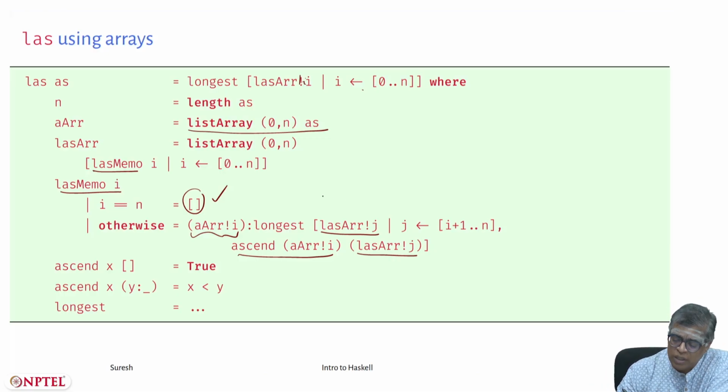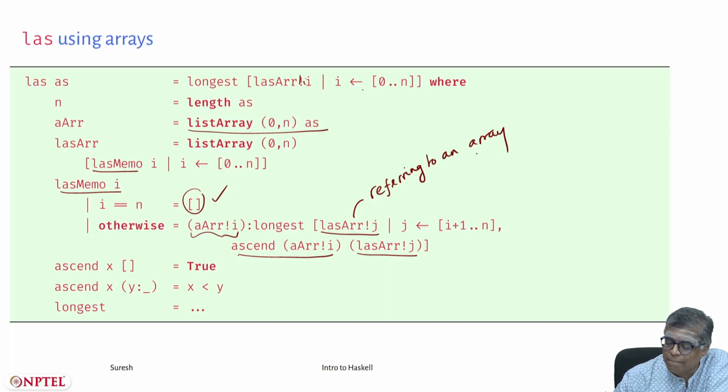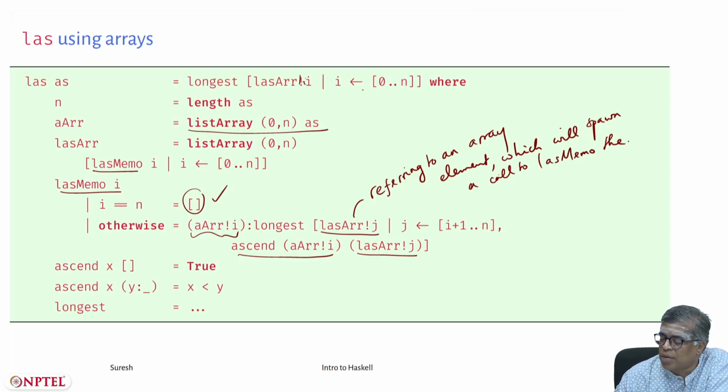So the point is that referring to an array element will spawn a call to LAS memo the first time it is accessed, and use the stored value for subsequent calls.